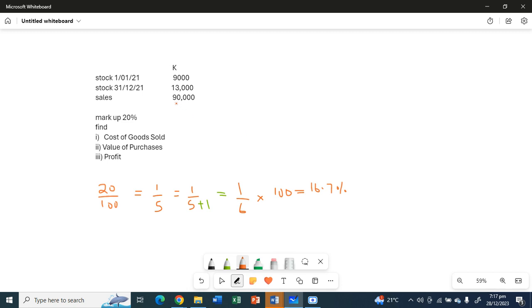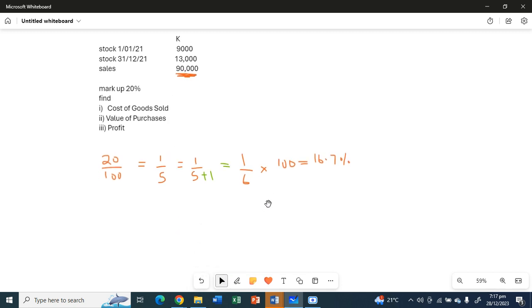So out of our sales of 90,000, 16.7% is going to be our profit. In this case, it will be our gross profit. So let's get our profit first. We get 16.7% of 90,000.